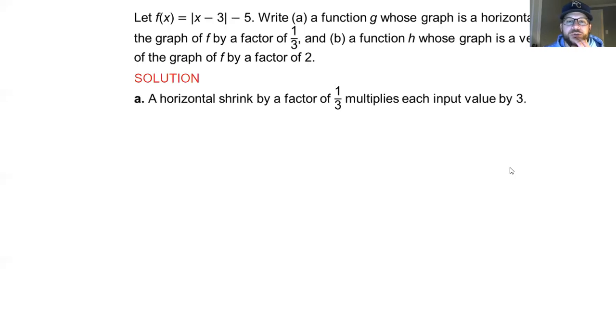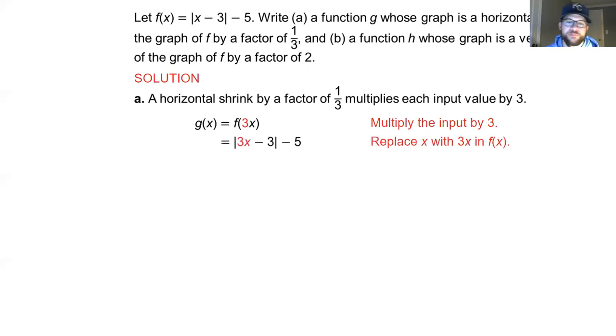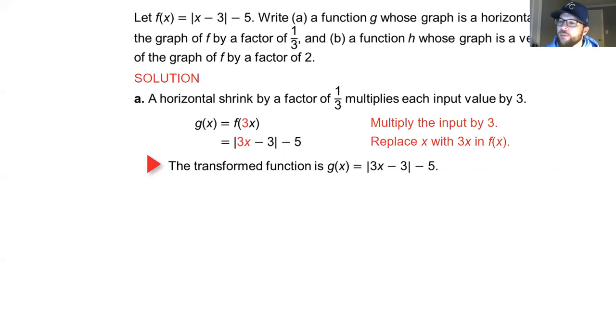So a horizontal shrink means that you are multiplying by the 1/3 to each of your input values because horizontal affects all of your inputs. So inside your equation, you're going to multiply by a value of 3, which is the reciprocal of 1/3. Multiply that 3 times just the x inside your equation, and that is the new transformed function.